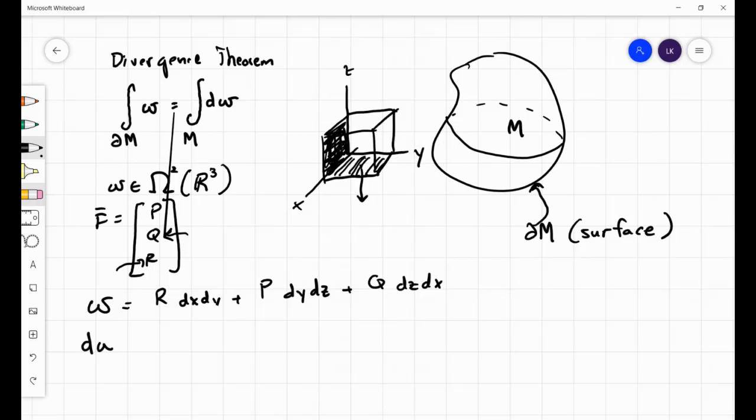And the exterior derivative, we see, is going to be a 3-form on R3. Well, if you do the exterior derivative and you differentiate this with respect to x, y, and z, only the derivative with respect to z would be non-zero.